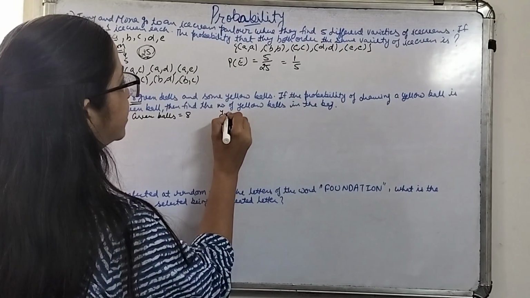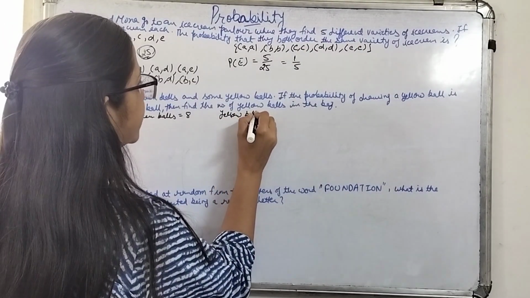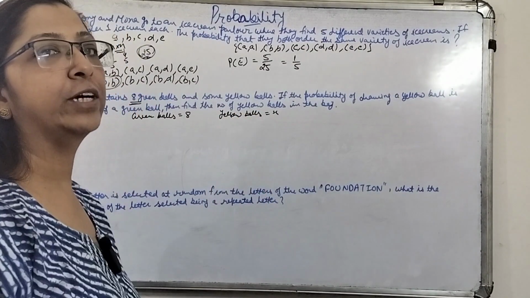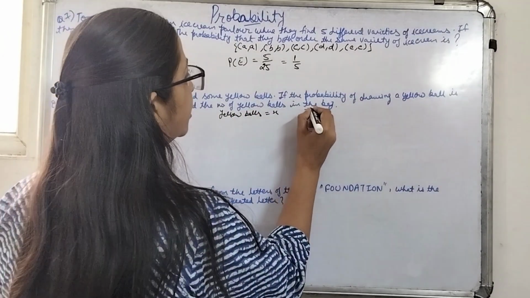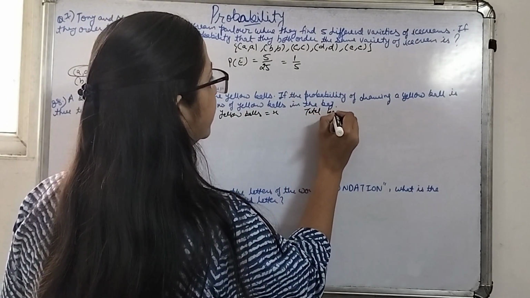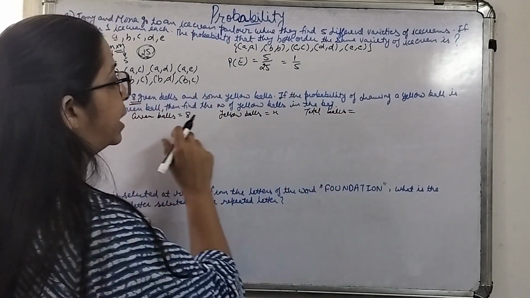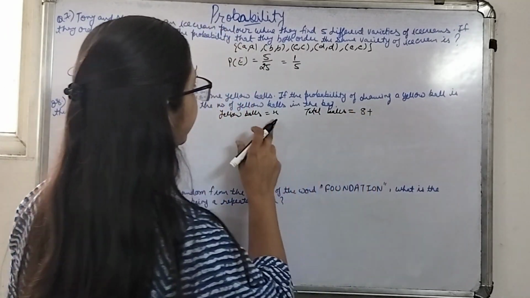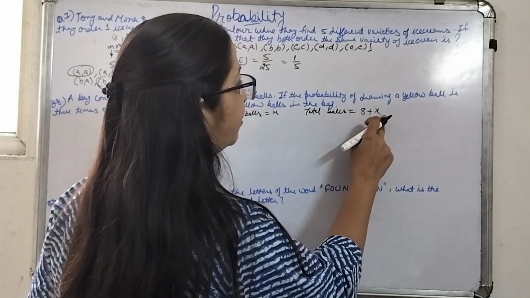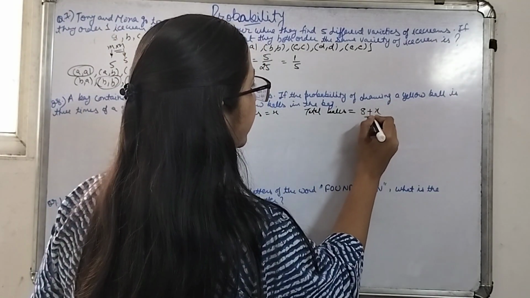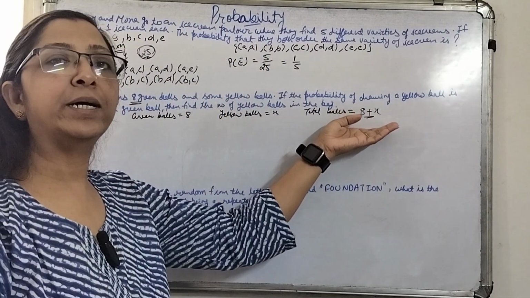So we are assuming that the number of yellow balls is x. So green plus yellow, that is the total number of balls, will be 8 plus x.